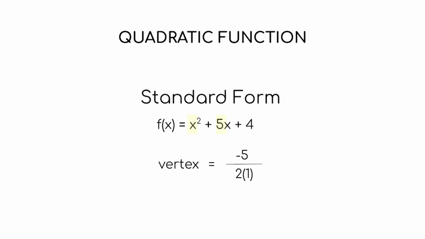So it's going to be negative 5 over 2 times 1, which is just negative 5 over 2. To find out whether the graph opens up or down, we look at our a value. Here, a is 1, and since 1 is greater than 0, or positive, we know the graph will open up and have a minimum value.